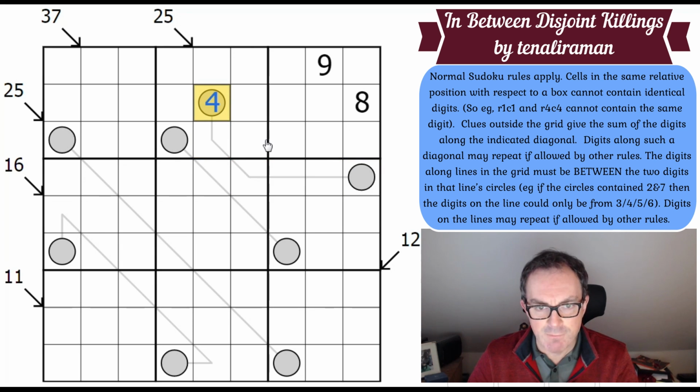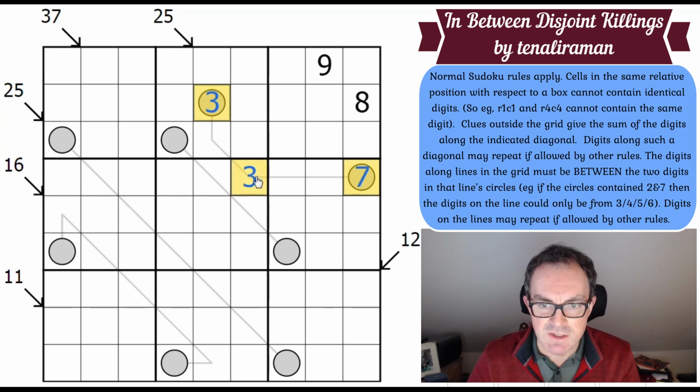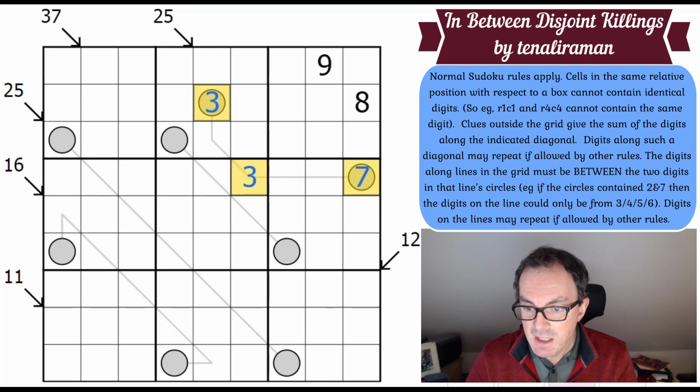So if I make that a 4, no, 4's a bad choice. Let's make this a 3 and this a 7. We would know that these cells would have to be made up of 4s, 5s and 6s. You couldn't have a 3 here because the 3 obviously is not between 3 and 7. It's equal to one of them, and that is not allowed, or at least I don't think it is.